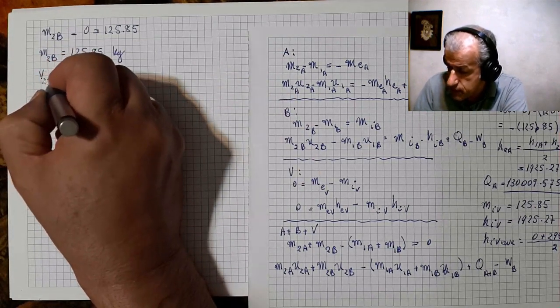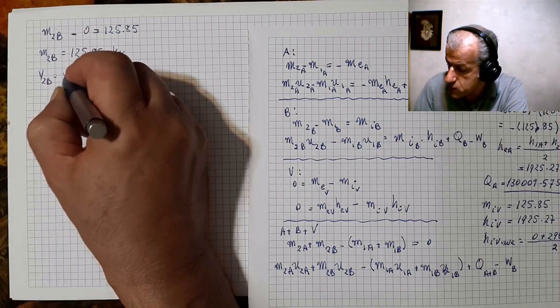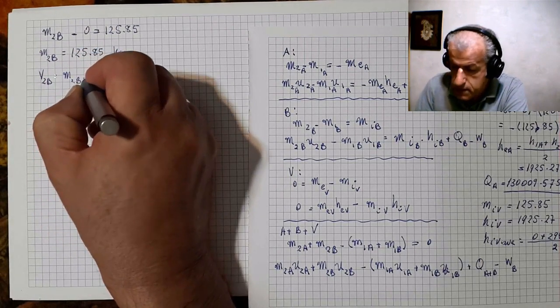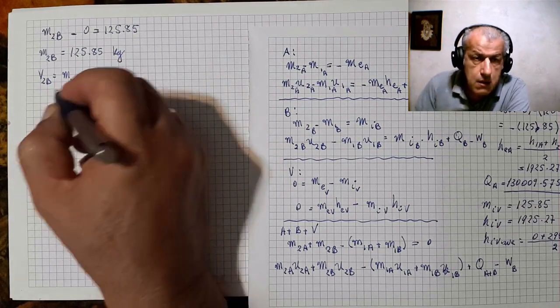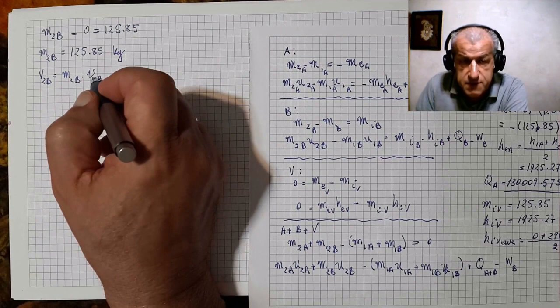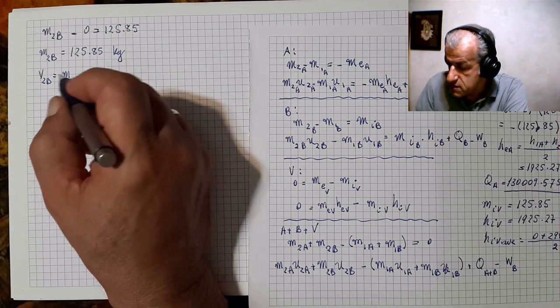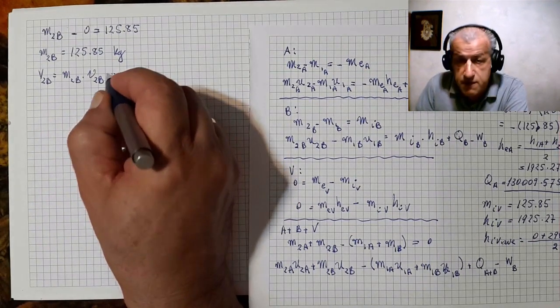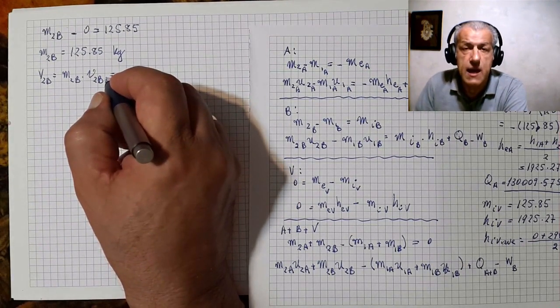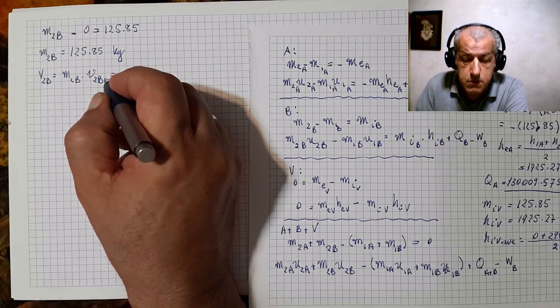What would the final volume be in B? V2B equals M2B times v2B. This is the definition of the specific volume, which is basically the volume divided by mass. We would need the final volume in B just to calculate the work done by the piston.